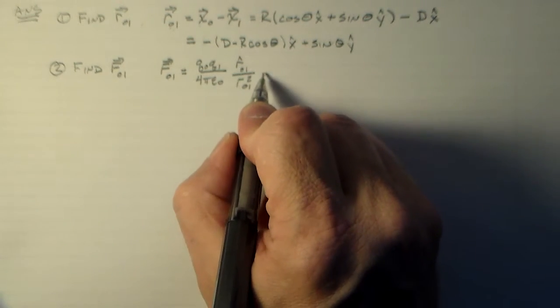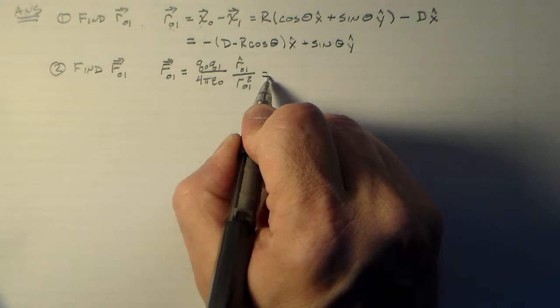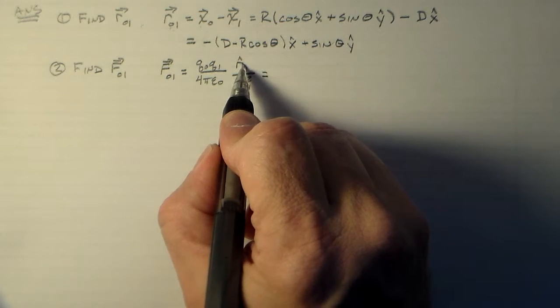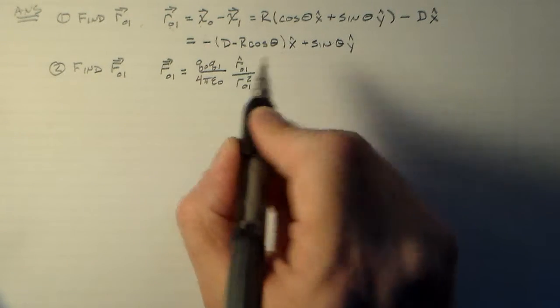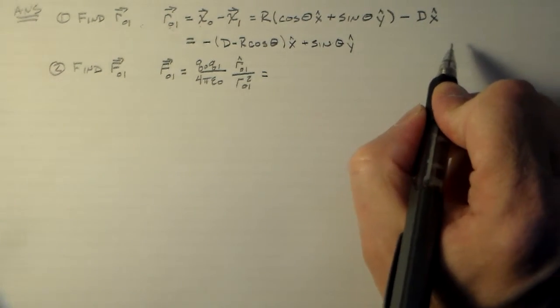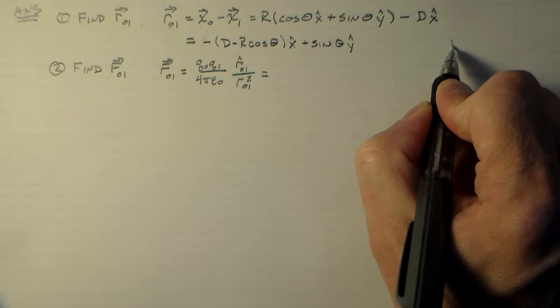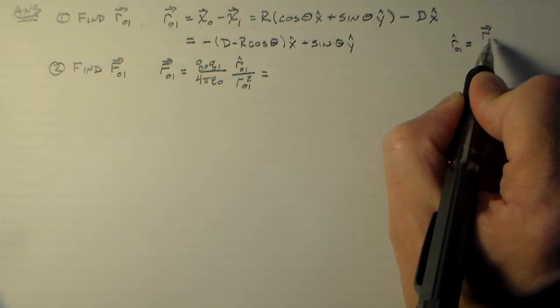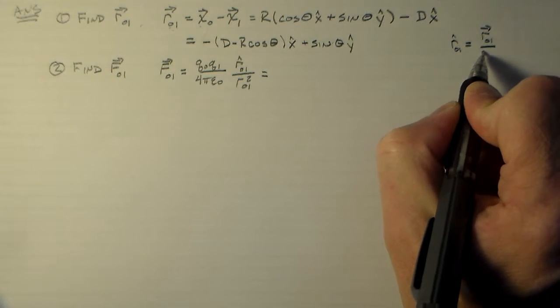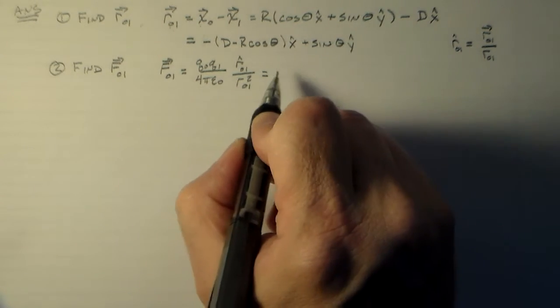All right, so what we're going to have to do is take that r hat and use our relationship for the direction. The direction of a vector is equal to the vector itself divided by its own magnitude, right?